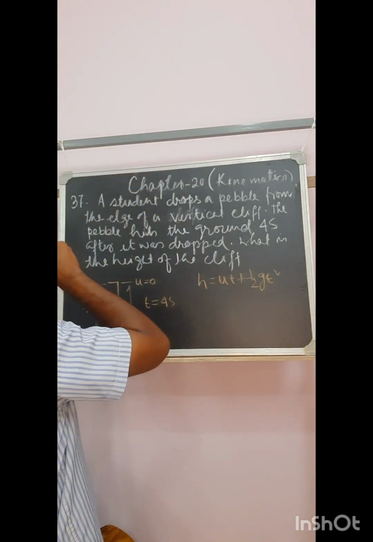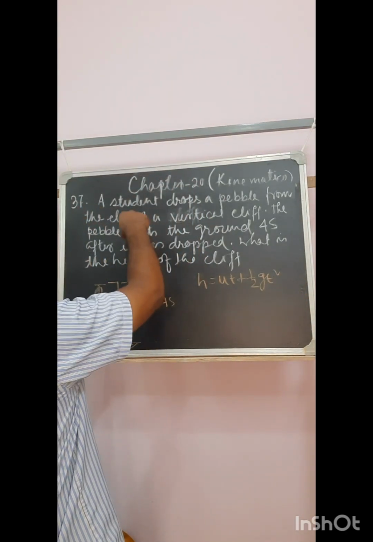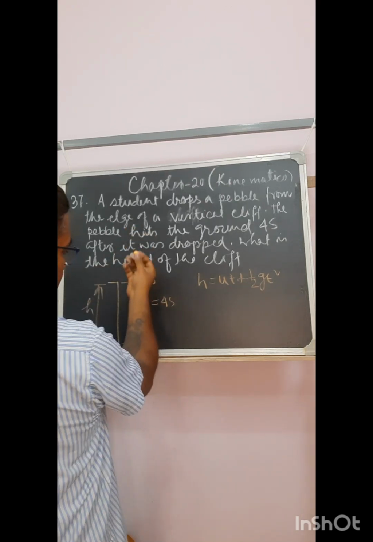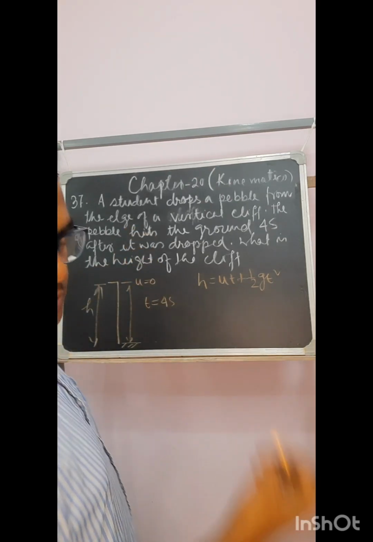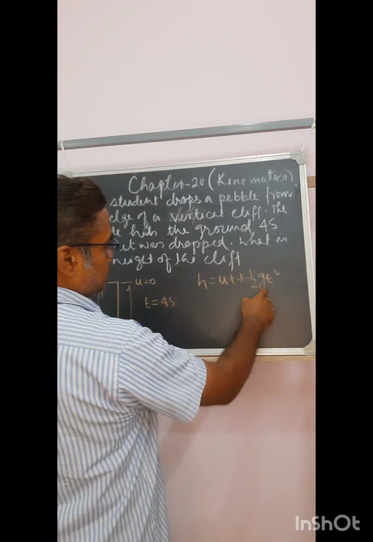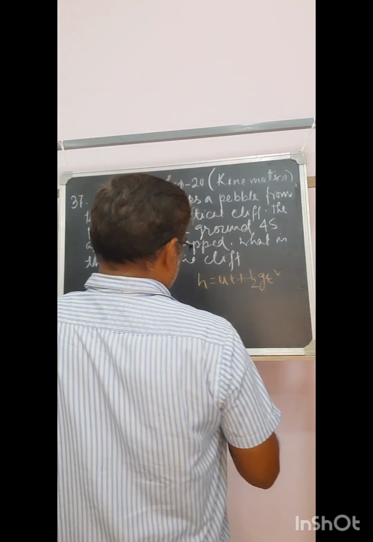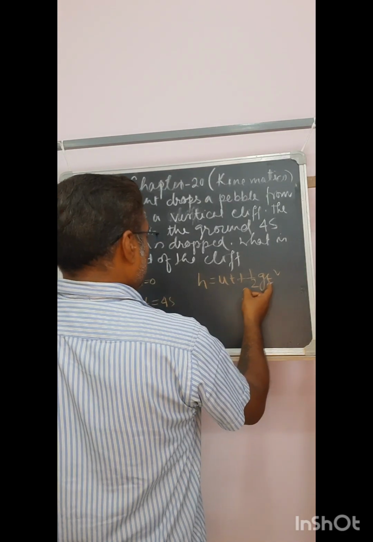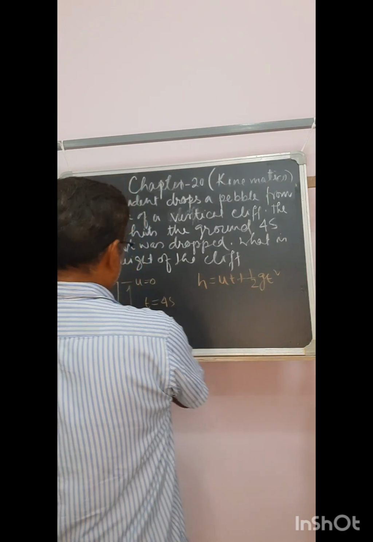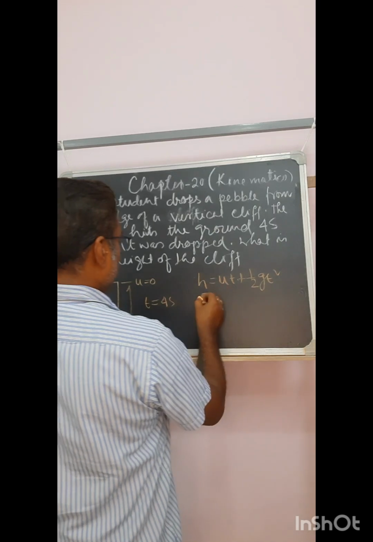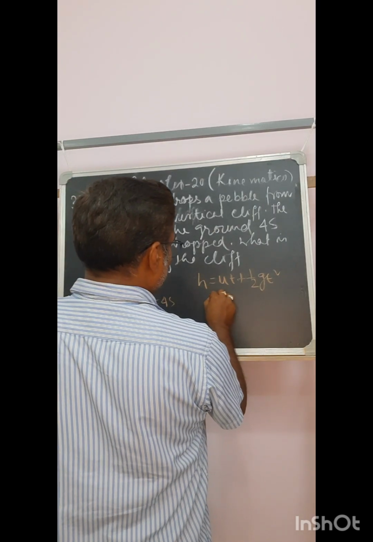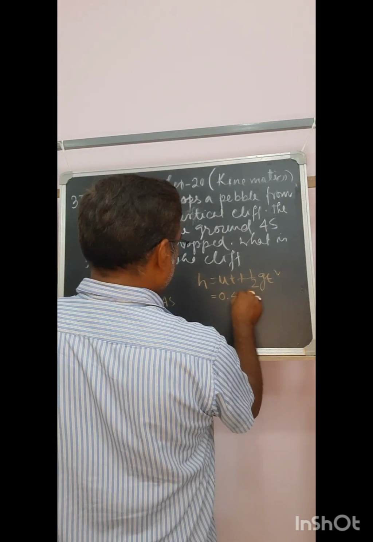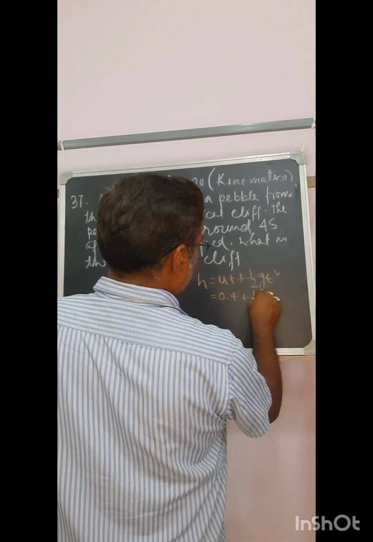As it is falling from top to bottom, towards the gravitational pull, acceleration will be positive here. h is the height we have assumed, and u in this case is 0. Now I put u is equal to 0, and t is 4.